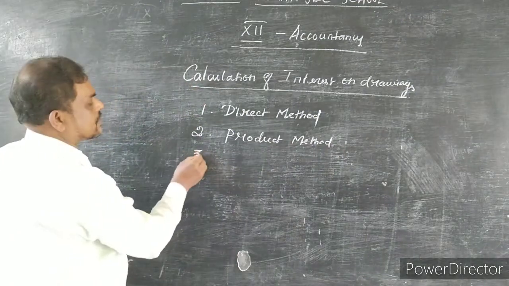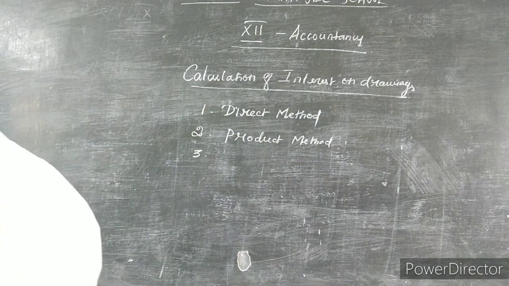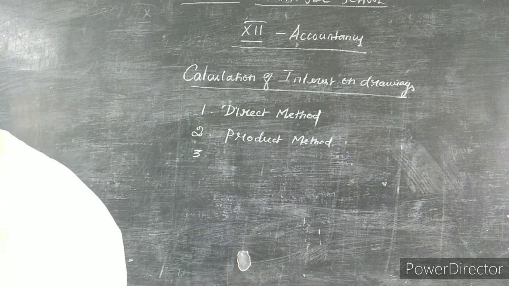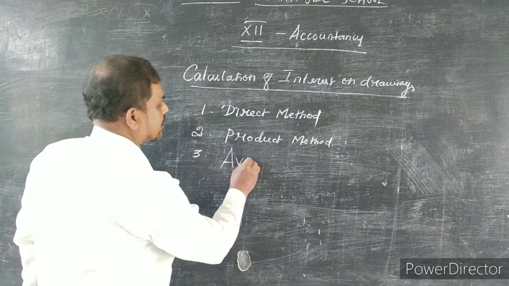The third method is called average period method.